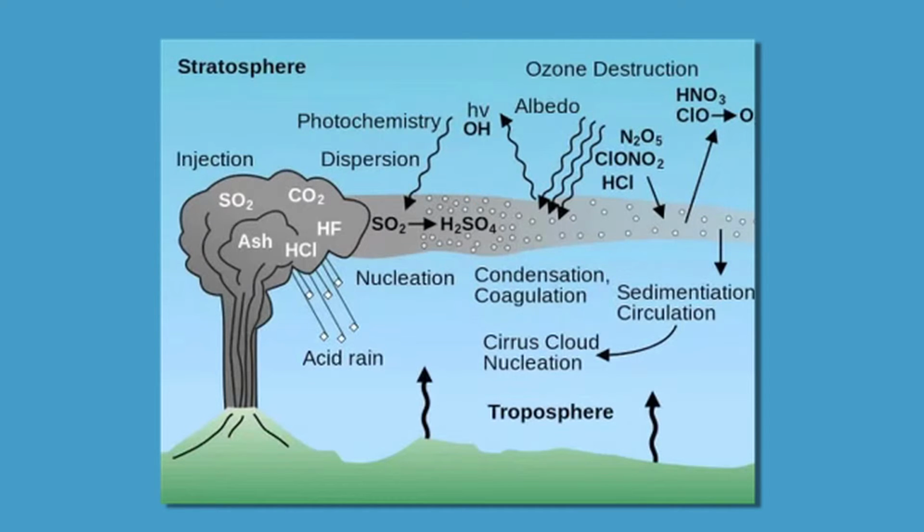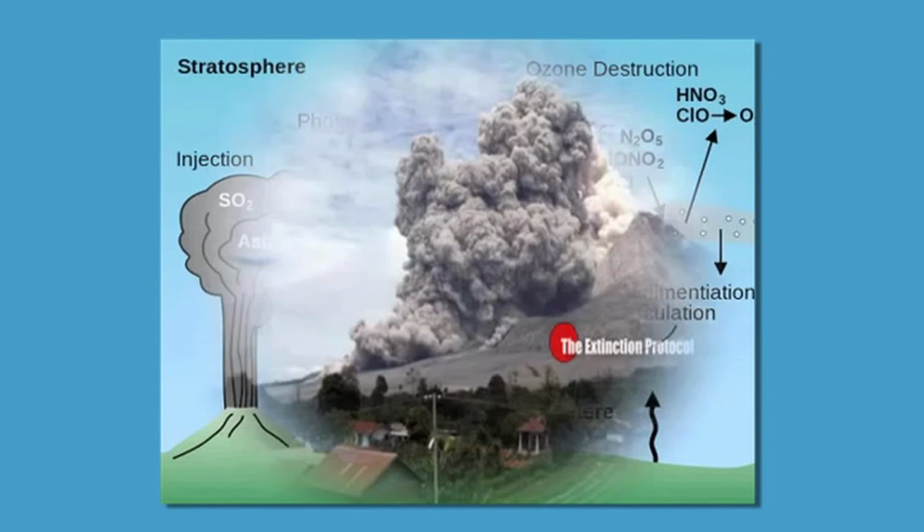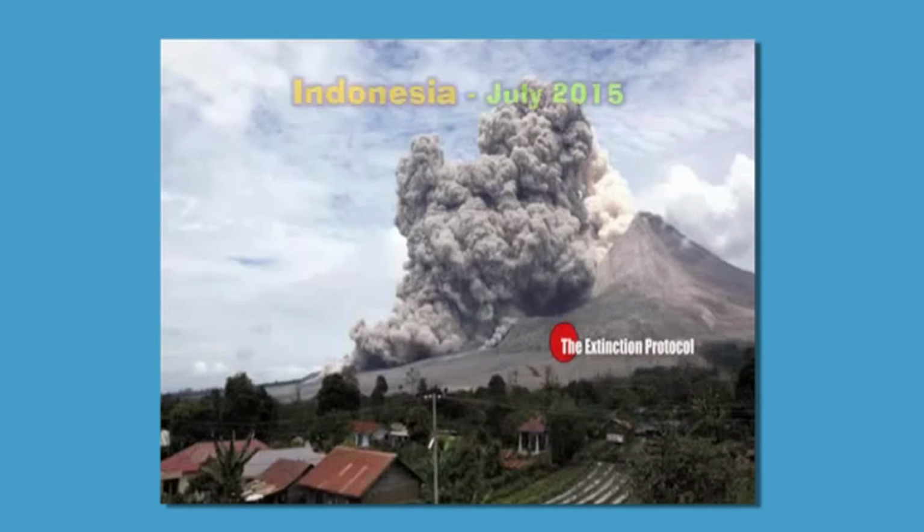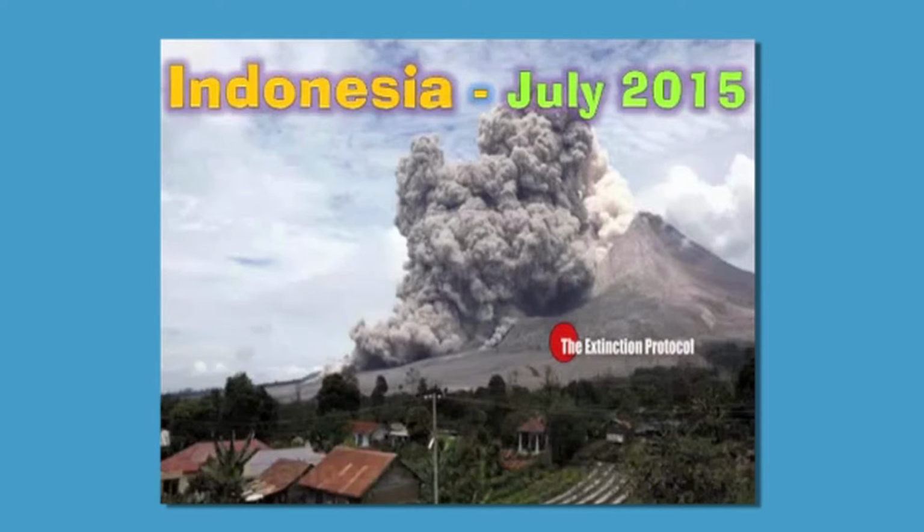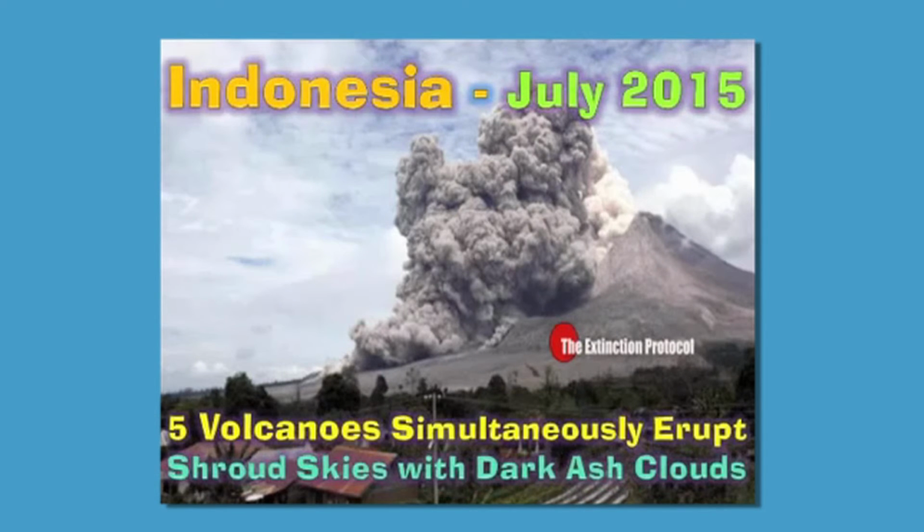They put in sulfur dioxide and all sorts of other things that affect our climate in various ways. As I said, they're on the rise. In Indonesia, in July, there were five volcanoes that erupted simultaneously, shrouding the skies with dark ash and clouds. This is high drama on planet Earth.